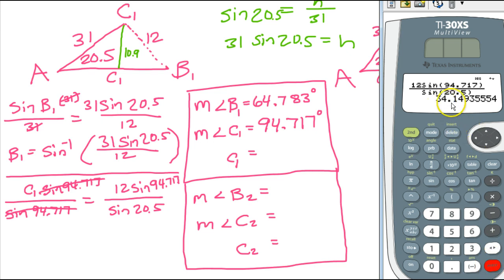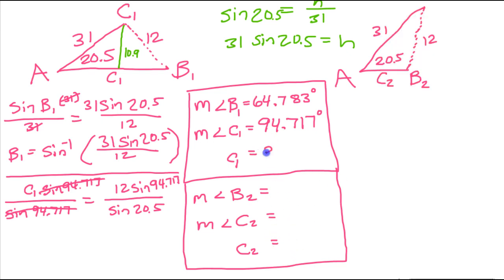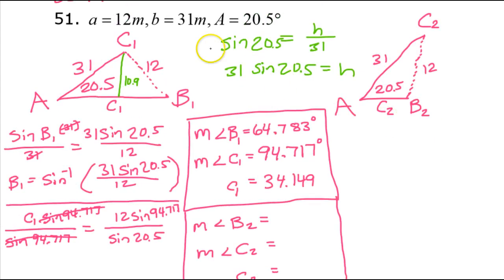So that is 34.149. They gave us units this time, so these are meters, apparently. All right, so we have solved the first triangle. Now it's time to solve the second triangle.